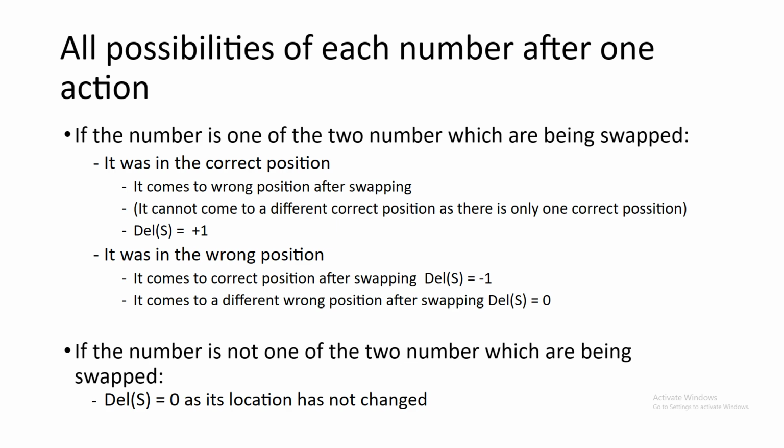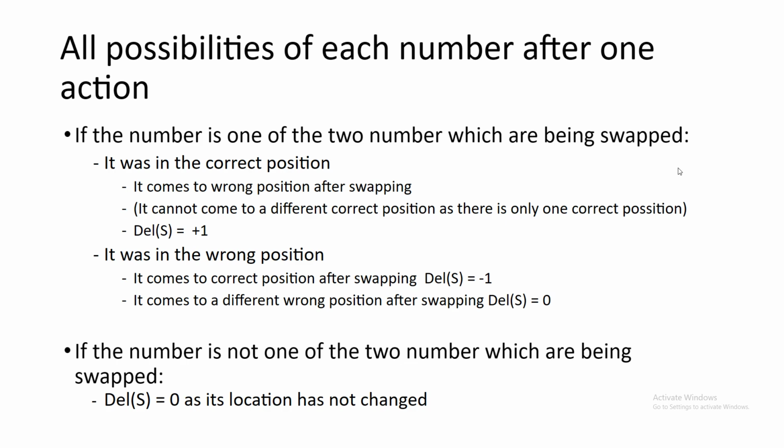Now for the digit which is being swapped, it could be in its correct position already, or it could be in its wrong position. If it's in the correct position, it cannot be swapped to another correct position because there is only one unique correct position. So if the digit is already in its correct position, delta S for that digit will be plus 1.